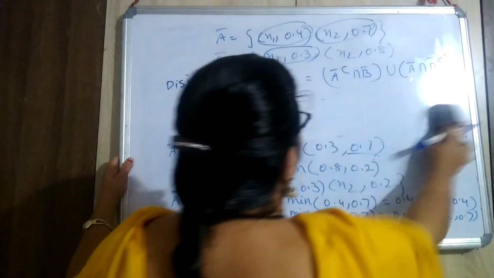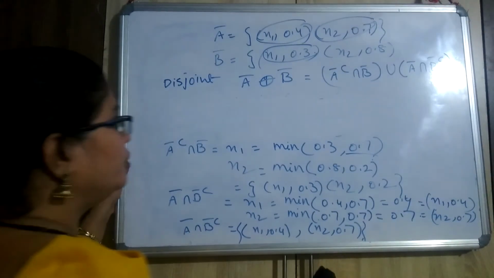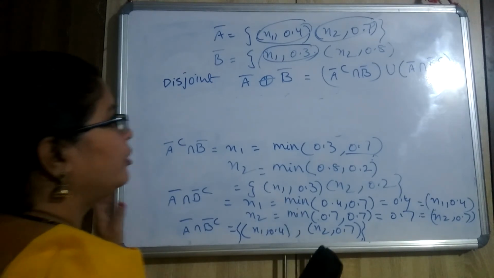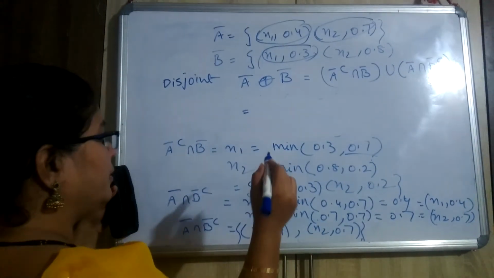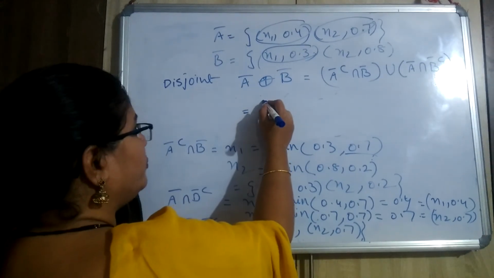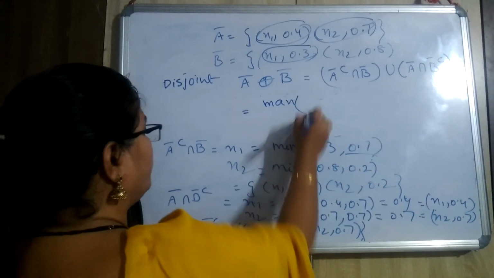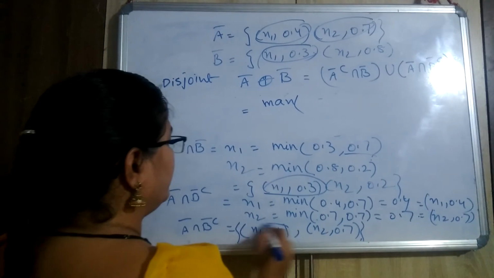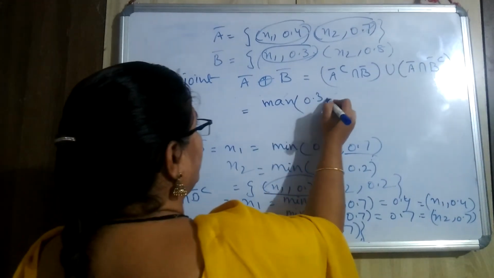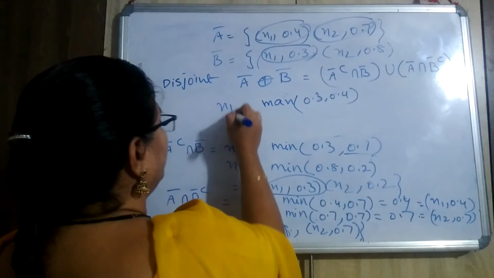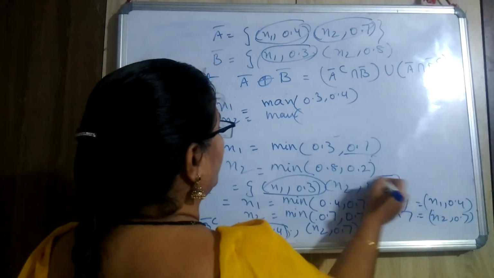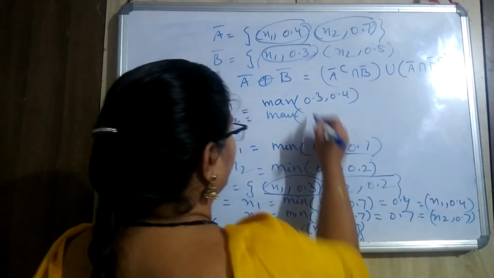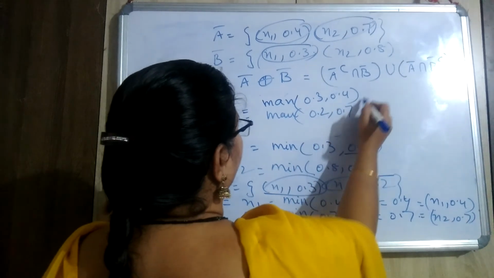It is A bar complement intersection B bar and A bar intersection B bar complement. So what is it saying? That is the union operation now, the max of these. At x1, the max of 0.3 comma 0.4. At x2, the max of the first operation's 0.2 and the second operation's 0.7, so 0.2 comma 0.7.